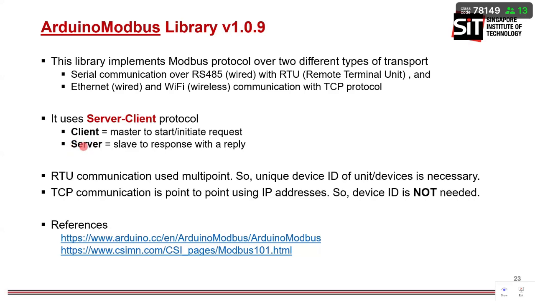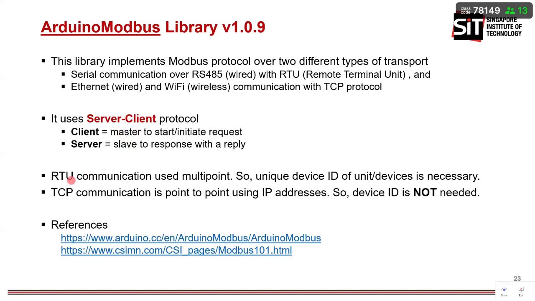Because the sensor has data. The sensor is waiting for the master to initiate. And when the master asks for sensor data, it will then respond, send over the data to the master. Okay, so I will not elaborate further on this. For those who find it difficult to digest, I hope that in the lab session, you can see how things are being arranged or how they behave. At least with that, I hope that you will gain a better understanding of this concept of server-client protocol.